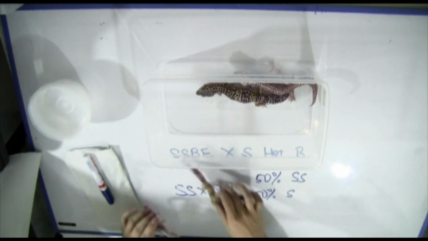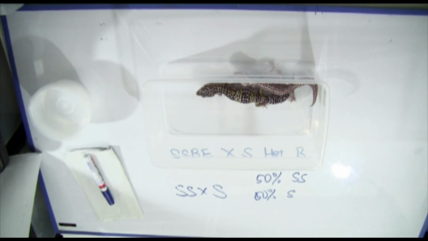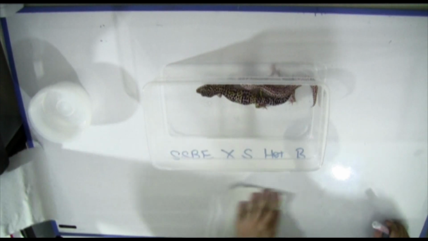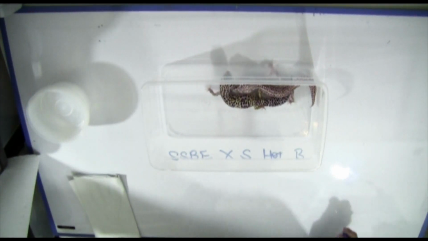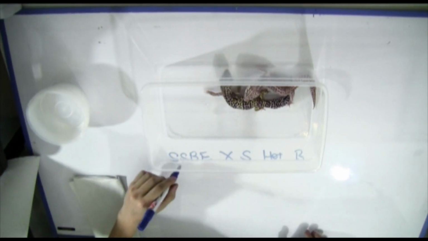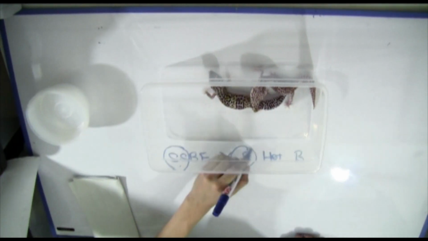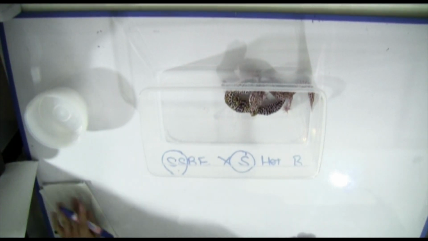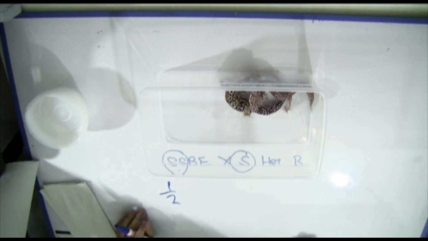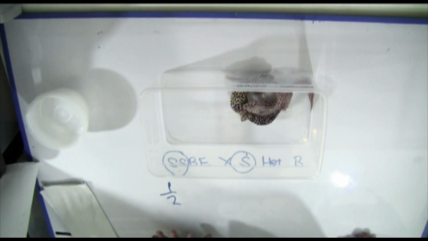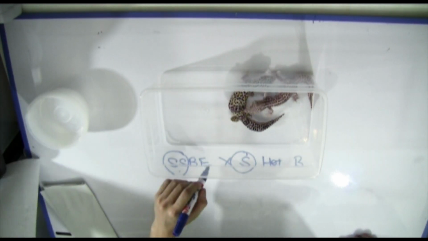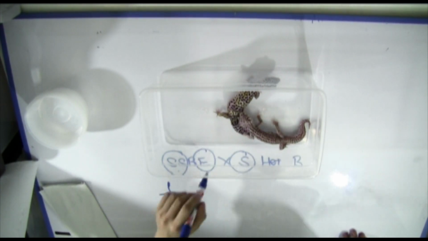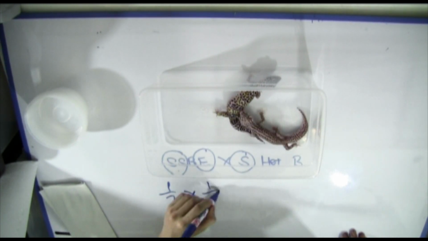So now we have the SSBE, the Bell Dalmatian, paired to a snow het bell. What you are trying to hit is a super snow bell enigma, and the odds are super snow to snow will give you a 50% chance, 1 over 2, of making a super snow. And then enigma to normal, which is another 50%.